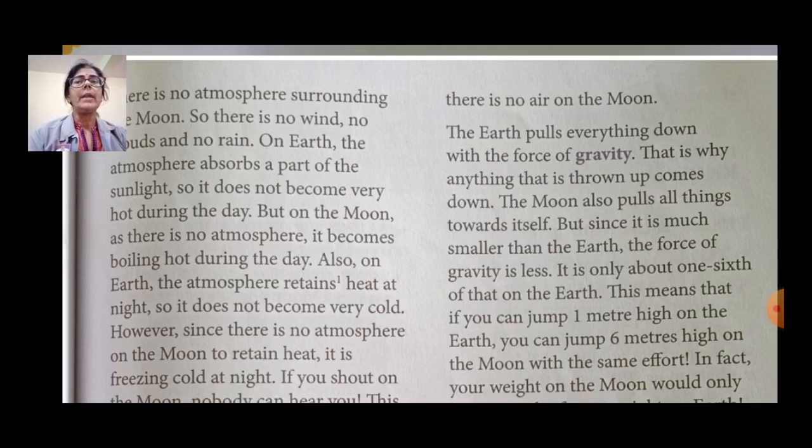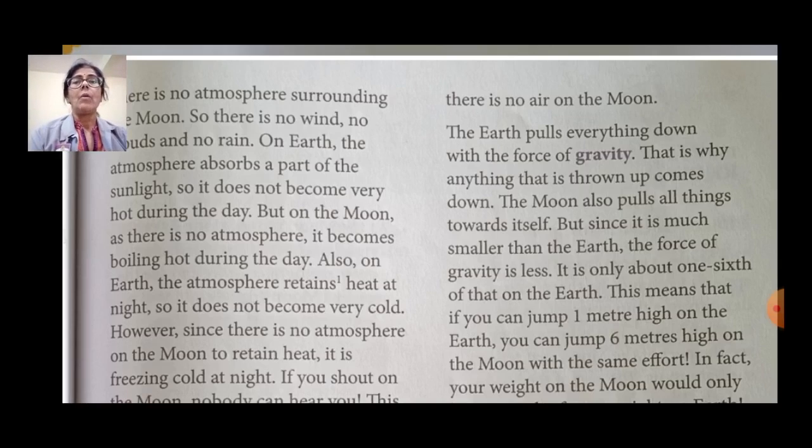The gravity on the moon is 1/6 part of the gravity on the earth. This means that if you can jump 1 meter high on the earth, on the moon you can jump 6 meters high. Isn't it so wonderful, right?